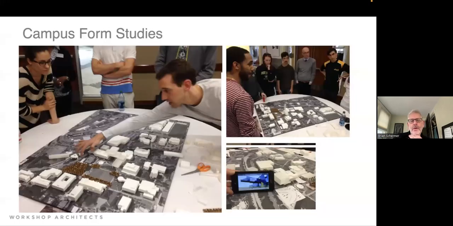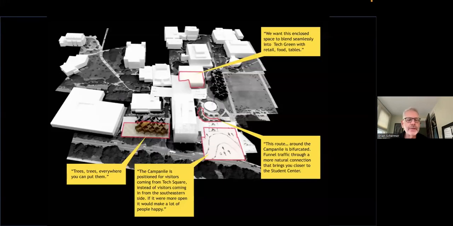We kept going back to the campus even after that and asked students to work on a three-dimensional model and to come up with different ideas. We gave them the modeling tools and asked for their advice, and we still learned even more about their attitudes. So we learned that they really wanted to have this place blend seamlessly into Tech Green with, they said, retail food and tables.